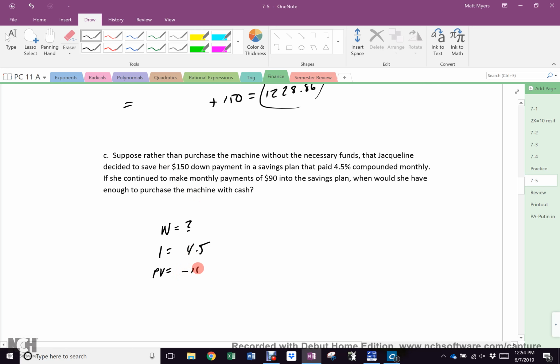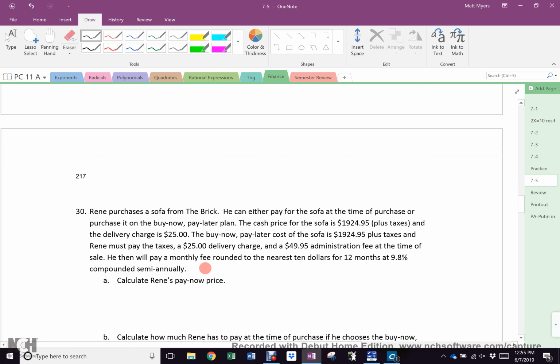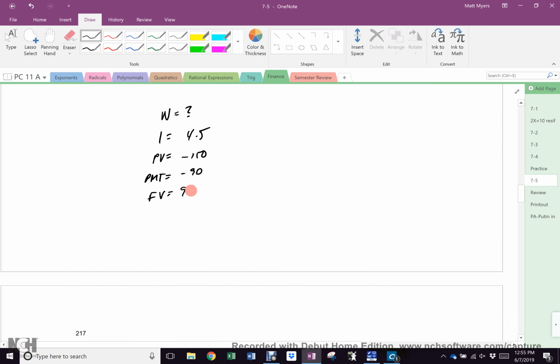No. Minus 150. She paid that out. What was her payment? Every month. Minus 90. And what's her future value? What's she trying to get to? No, she's saving up for the washer. She needs $996.18, right? And it's compounded how? Monthly, right? Oh, no, wait, it's not, because she's putting in $90 a month.